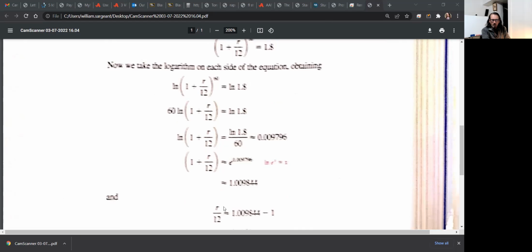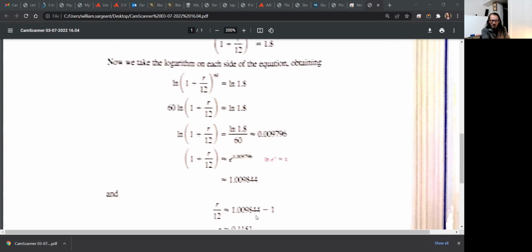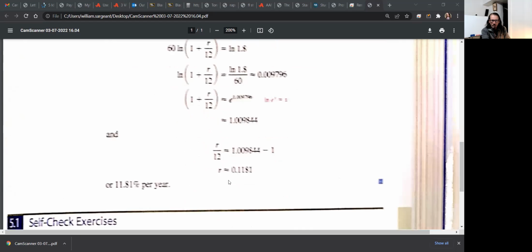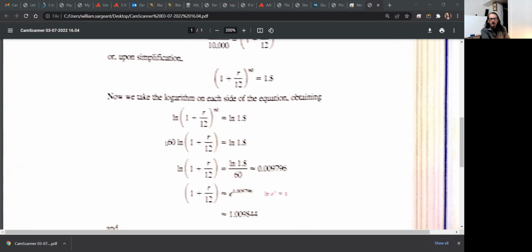Subtract 1 from both sides and multiply by 12. So I'm not sure what kind of rounding might have gone on there, but it looks like 11.81% by the end.